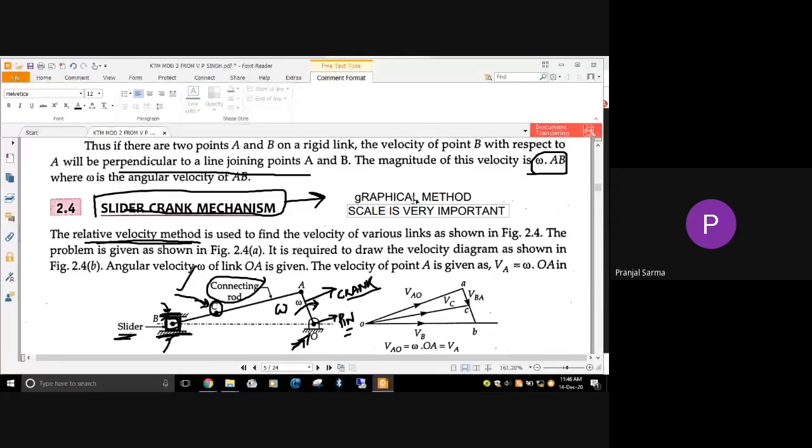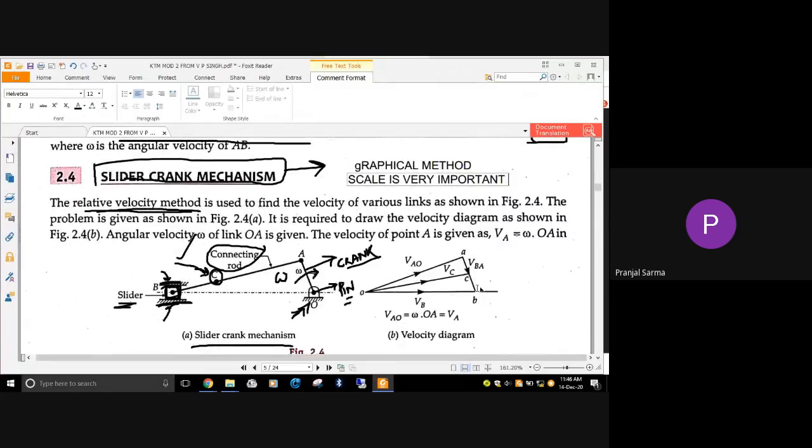Considering a proper scale is very important, and only when you do it considering the proper scale, after drawing that particular figure, when you want to extract the relevant data from this velocity diagram, then only it will be useful. Because you will be measuring the lengths, and as per the previously considered scale, you have to convert and get the answers.